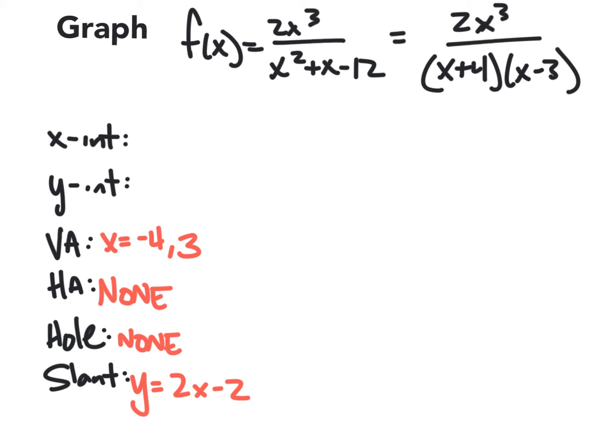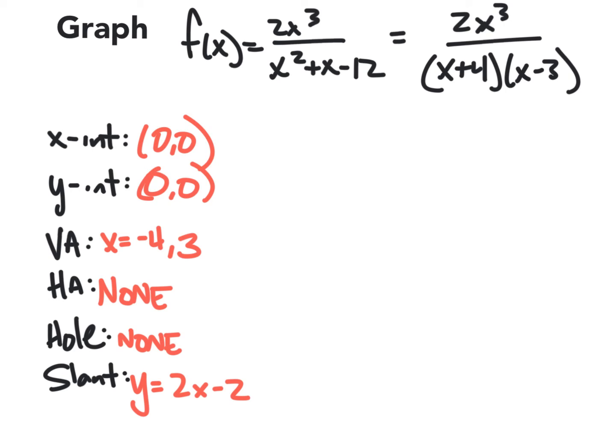Then remember, to find the y-intercept, set all the x's equal to 0, and for the x-intercept, set y equal to 0. Setting all the x's equal to 0, we get that the y-intercept would be (0, 0). And if this is the y-intercept, then the origin is also the x-intercept.